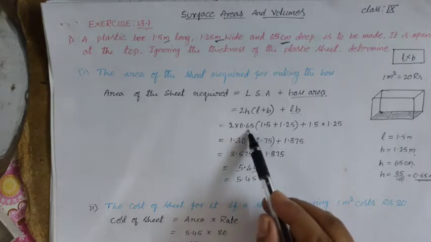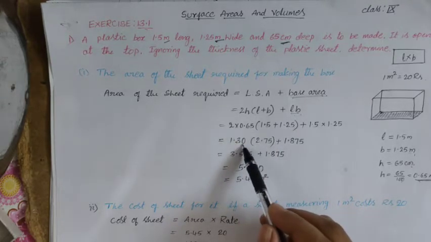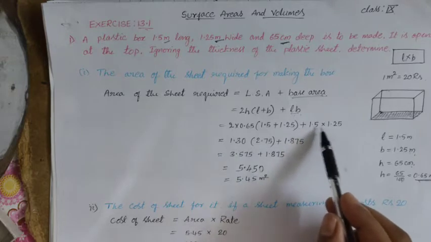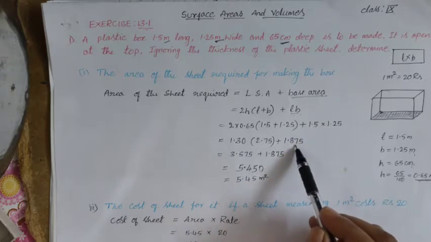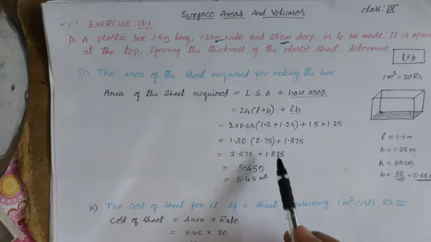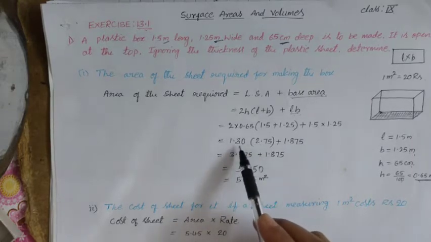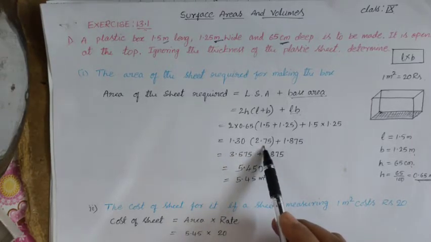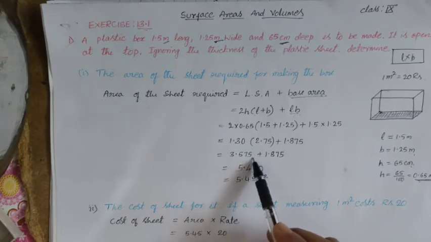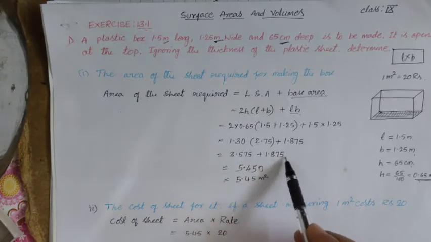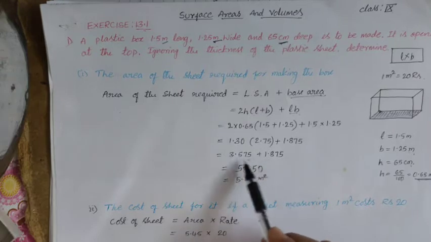Multiply these, we get 1.30, and again you can multiply these two, we get 1.875. Now again you multiply 1.30 into 2.75, that is 3.575, plus 1.875.